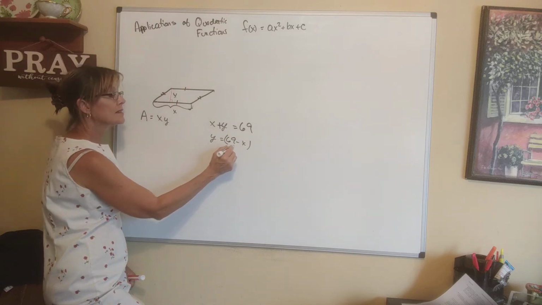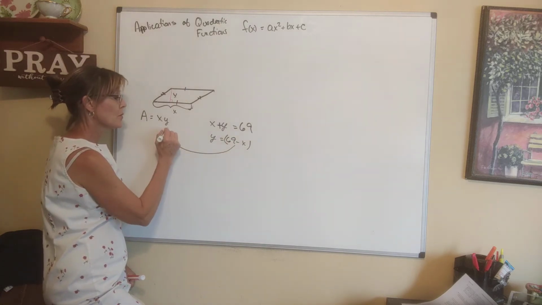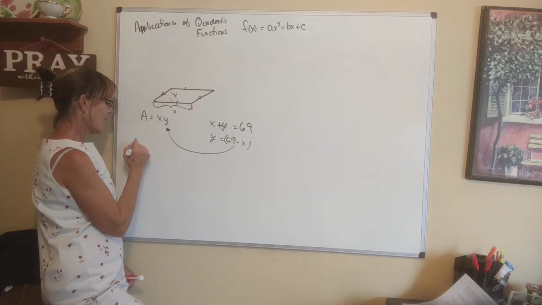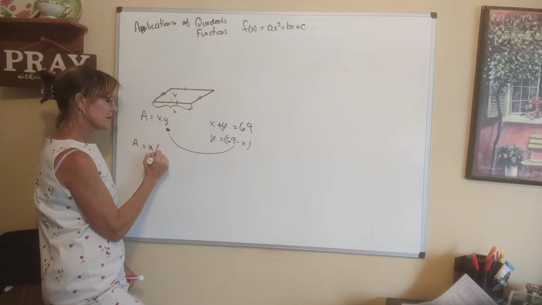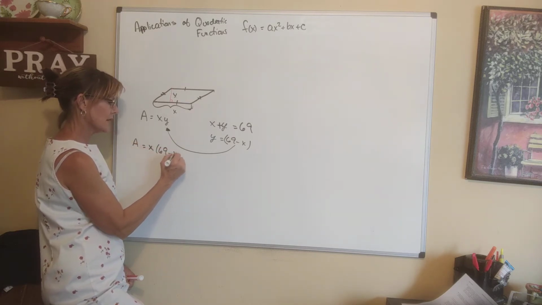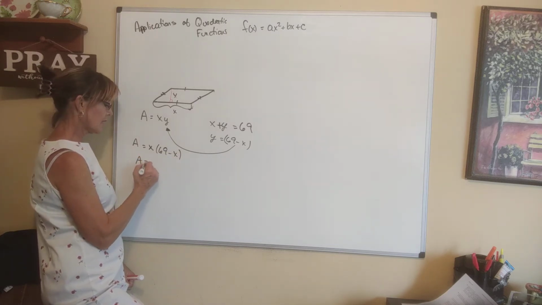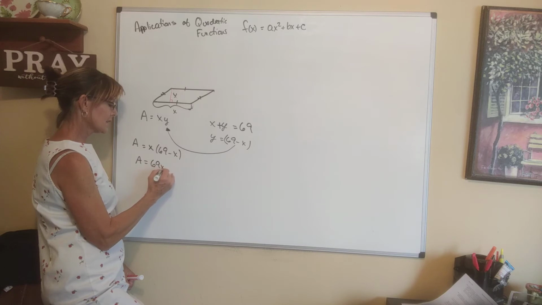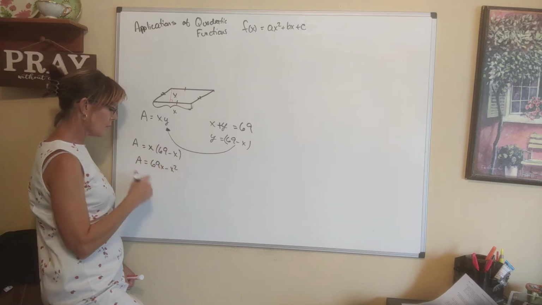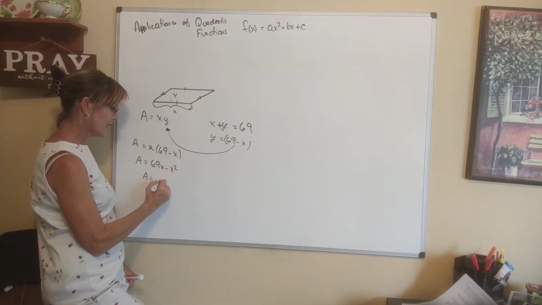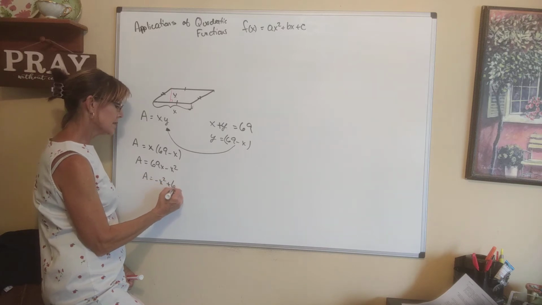Because now I can substitute this expression in for Y and get that area is equal to X times 69 minus X. Let's distribute that X. We get 69X minus X squared, and if I rearrange the terms, I get negative X squared plus 69X.